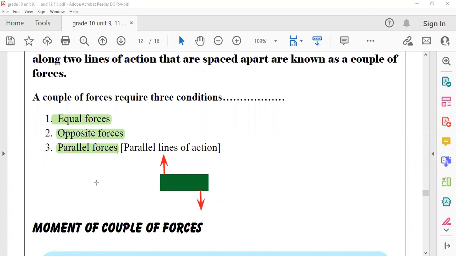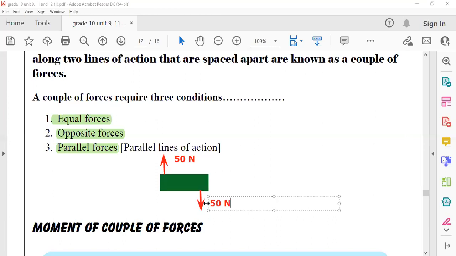Understood? Are you clear? If this is 50 Newton, this force also should be how much? 50 Newton. So see, two equal forces.